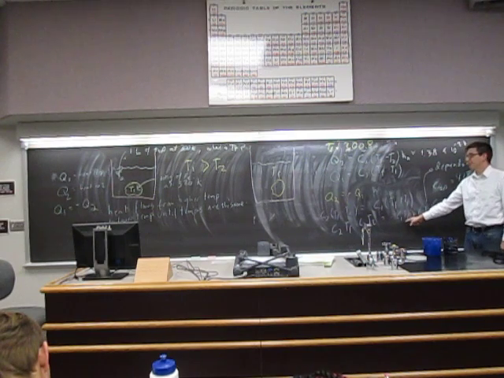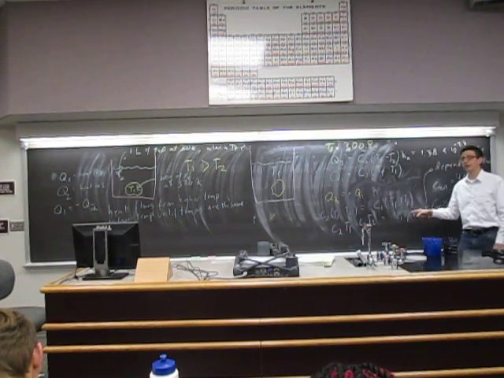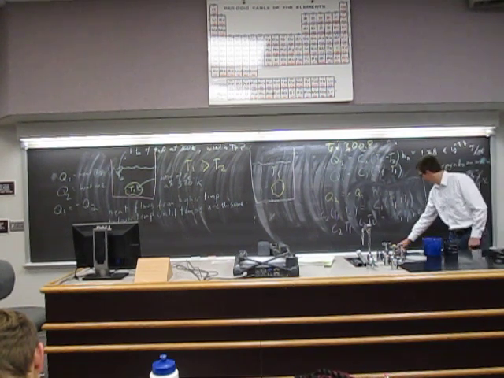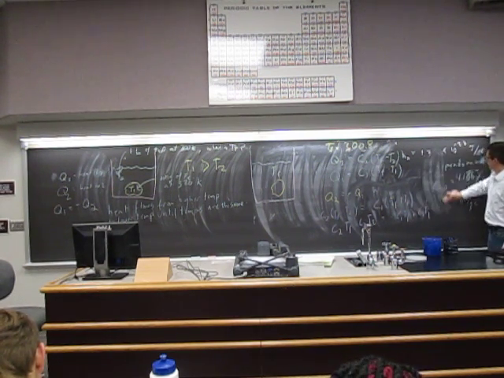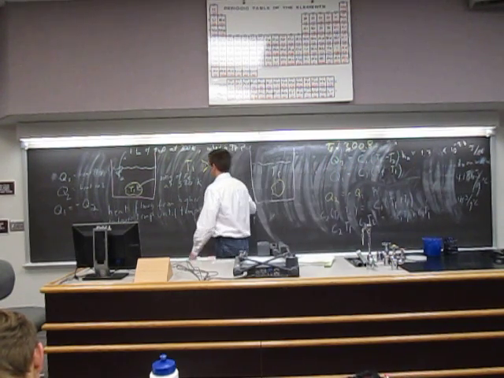Everything that involves a T final, which is what I'm interested in, I'm going to bring over to one side, and everything not involving that, I'm going to keep on the other side.